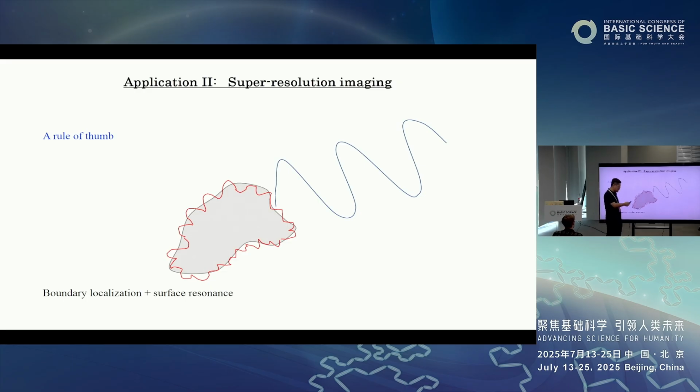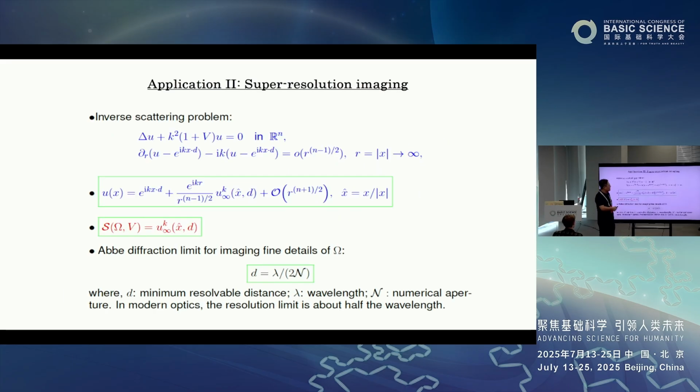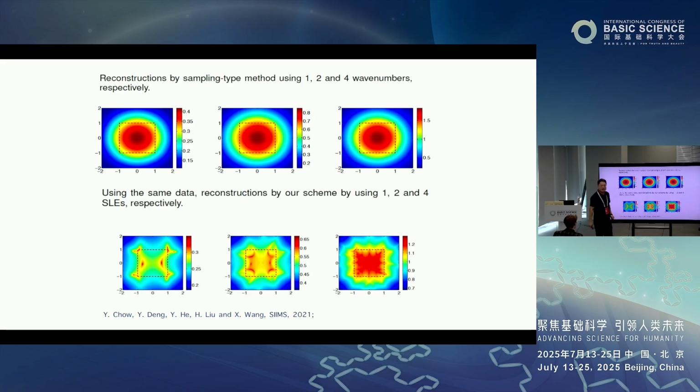So based on this, I want to show some simple examples. Again, let's say the true object, the true biological specimen, is this dotted square. If you use the traditional imaging method, what you can recover is only the red spot. You lose the resolution.